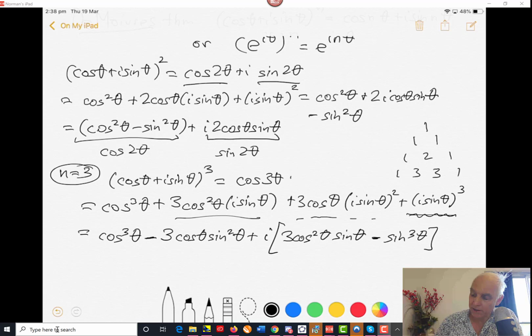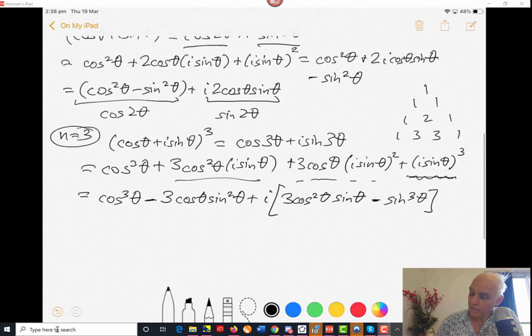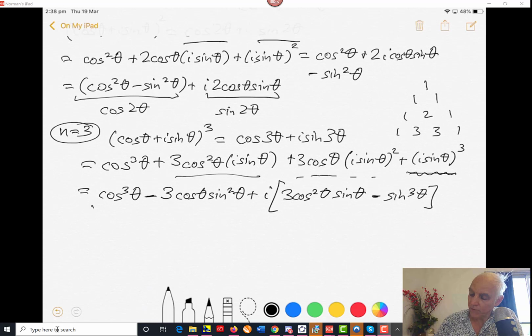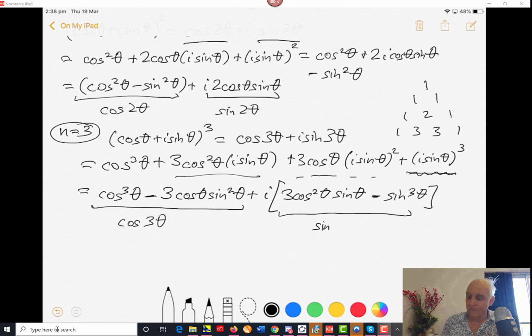And so we can deduce that this thing here should be cosine 3 theta, and this thing here should be sine of 3 theta. Now, I just want to have a look at this first one. So we can deduce then that cos 3 theta is, I'm going to rewrite this.